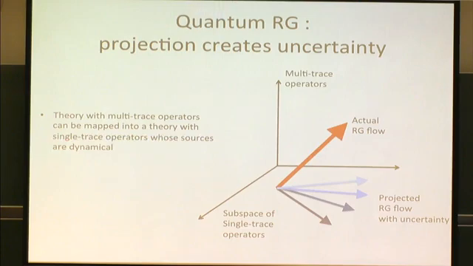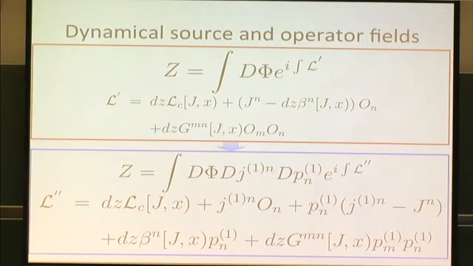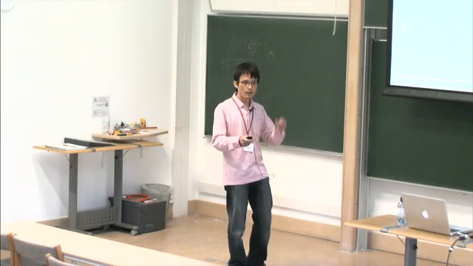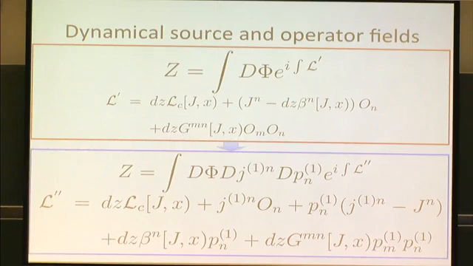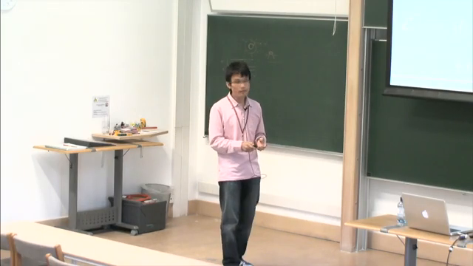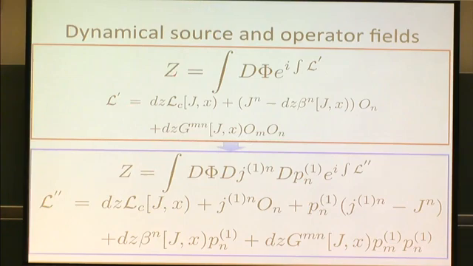Mathematically, this can be done in the following steps. Here, this L prime is the effective action that you obtain after, say, the first step of RG, and you have the Casimir energy and the original source, then the quantum correction to the single trace operator, and then the double trace operator that you generate. This partition function is mathematically identical to the following partition function. If you look at this L double prime, there is only a single trace operator, O_N.